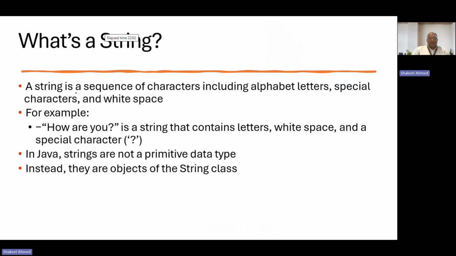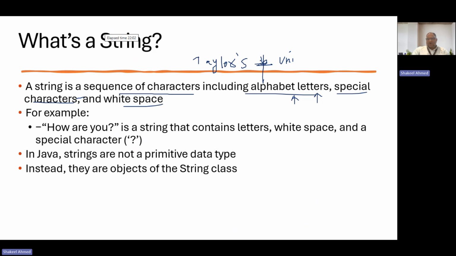As explained to you, a string is a sequence of characters. It can include alphabets, letters, special characters, and even white spaces. So here we say Taylor's University. We are talking about Taylor's, and also we have some space here, and then we have University.